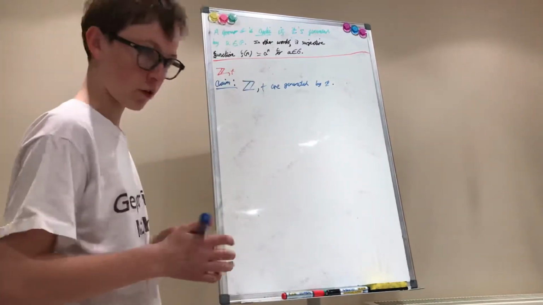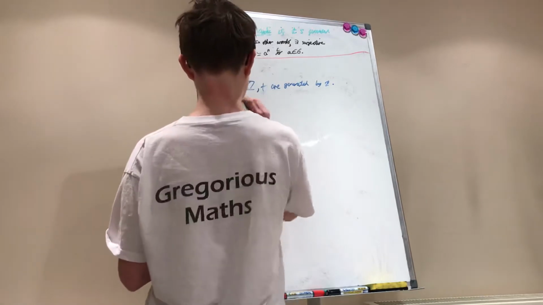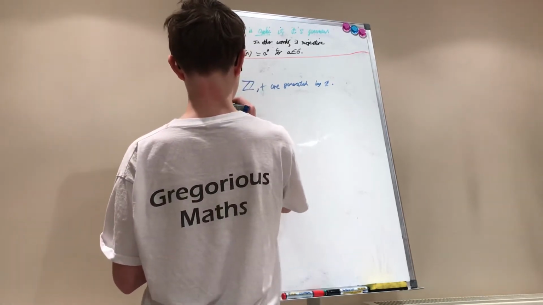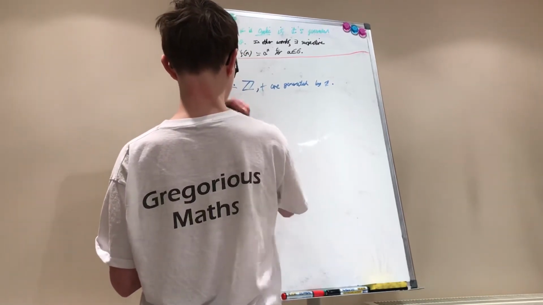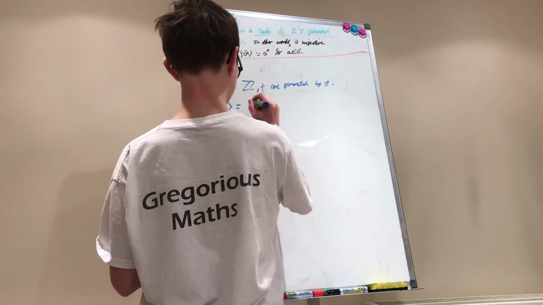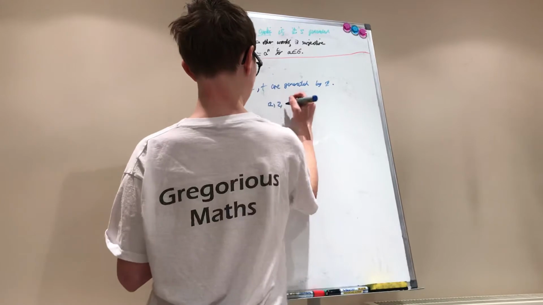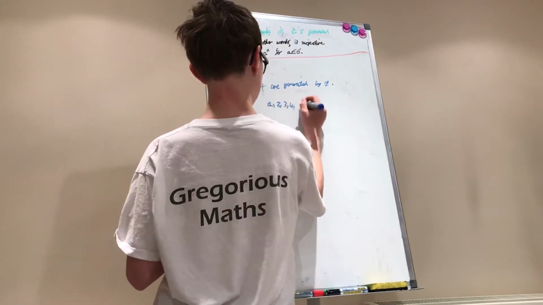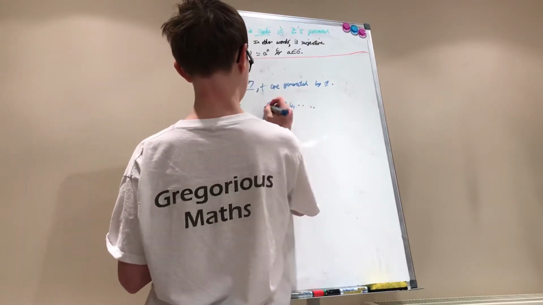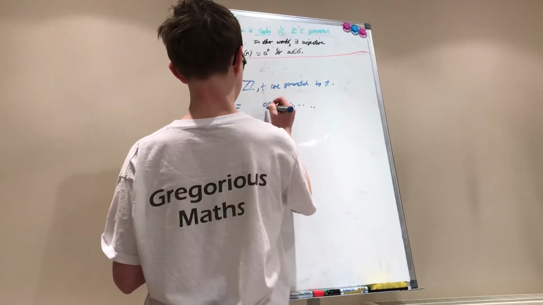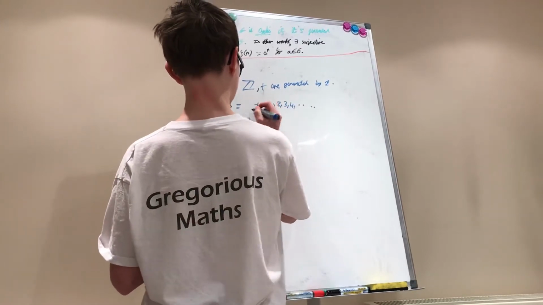Now let's look at the group generated by 1. It has to have the multiples of 1, 2, 3, 4, and so on. It has to have the identity, and it has to have all of the inverses.